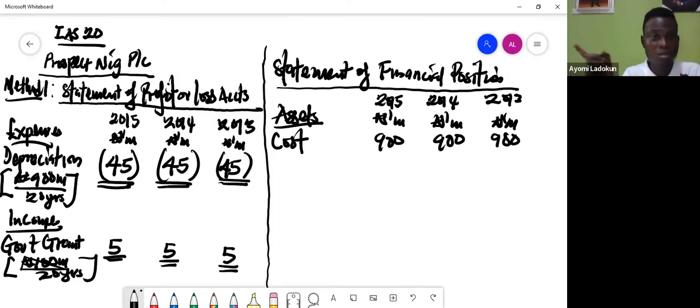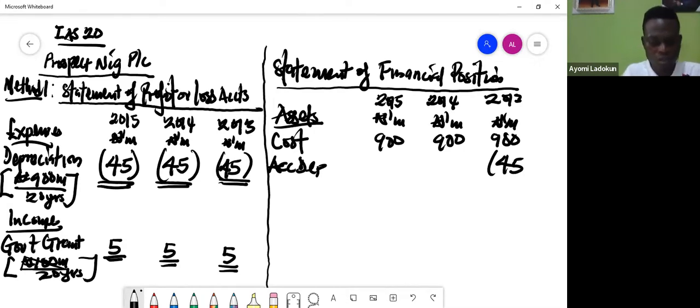So if I use a constant figure for the cost of the asset throughout the years, then I need to compute accumulated depreciation. So we now say accumulated depreciation because I'm already using a constant figure. In year one, remember, we are charging 45. That is my depreciation. So I will say 45. Did you see that? Then if I say 45, what will this give me?